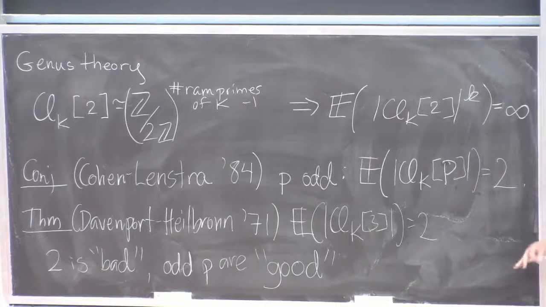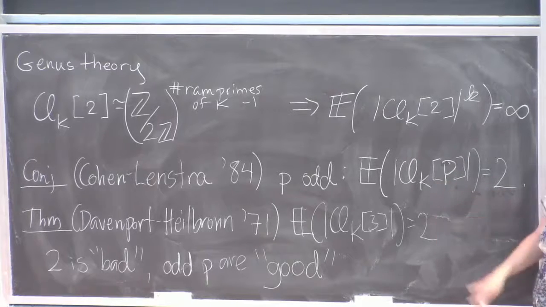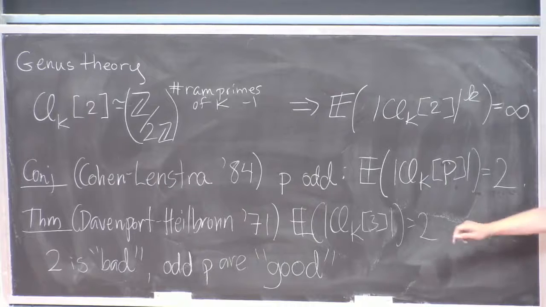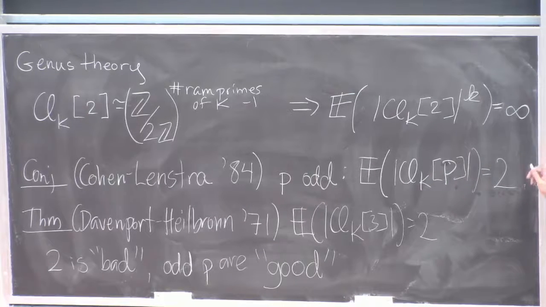I mean, this 2 is the same for all the primes. And in fact, I'll say a little more, but somehow for all the other primes, the p-torsion in the class group is acting in a kind of uniform way, but 2 has got a totally different thing going on.